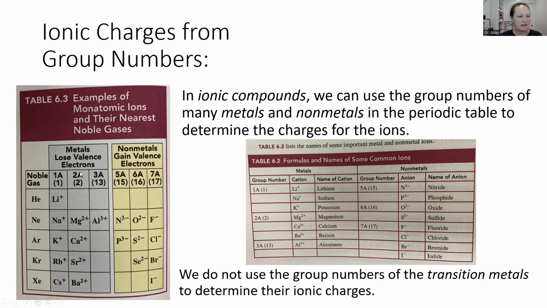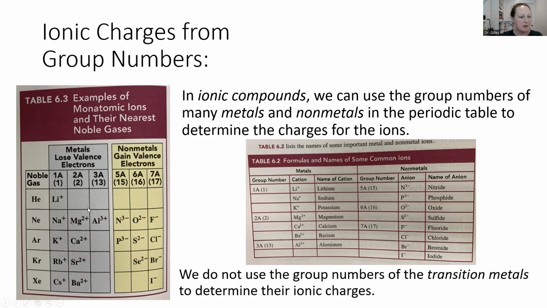All of the elements in group 2A tend to form an ion that has a 2+ charge, or a cation with a 2+ charge. So they tend to donate or give up 2 electrons to nonmetals to be able to form these ions.